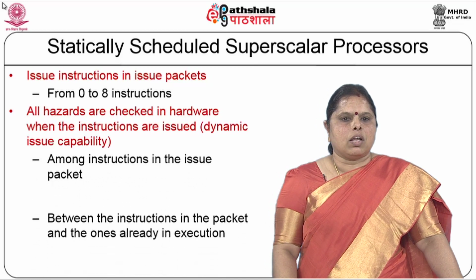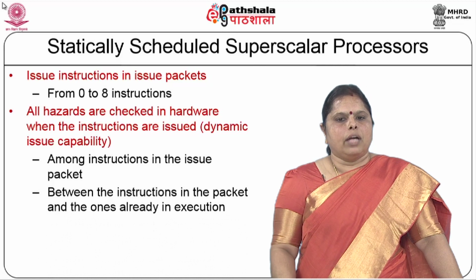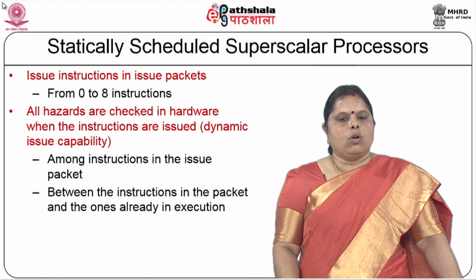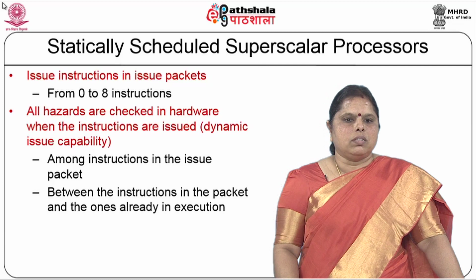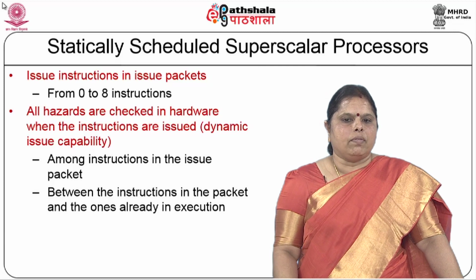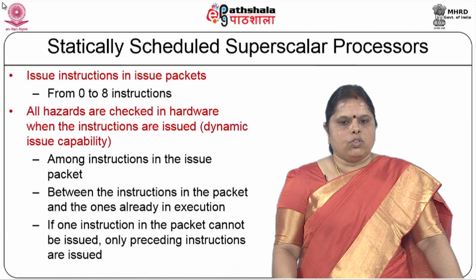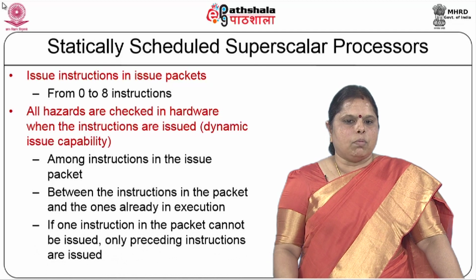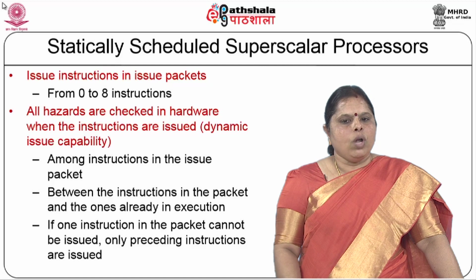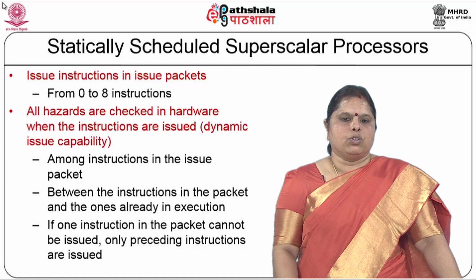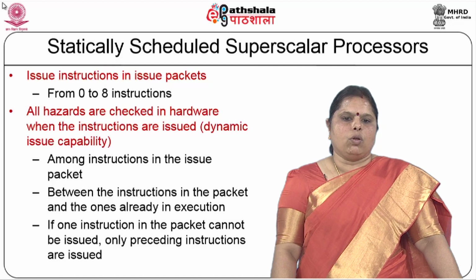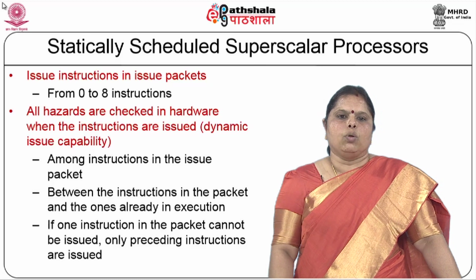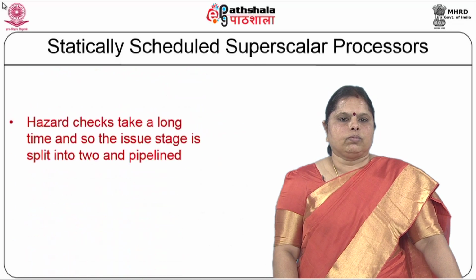Among instructions in the issue packet, any dependencies are checked, and also dependencies between the instructions in the packet and the instructions already in your execution pipeline are checked. So, if one instruction in the packet cannot be issued, only the preceding instructions can be issued, subsequent instructions cannot be issued, because we are strictly looking at in-order issue.